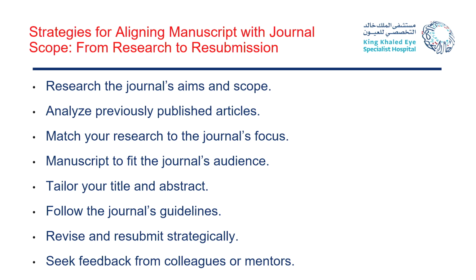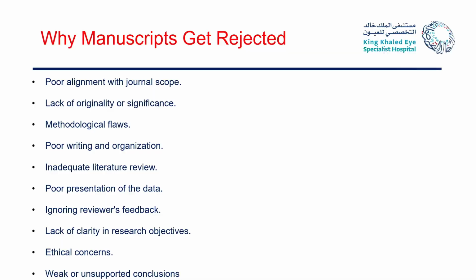Match your research to the journal focus, which we mentioned initially when picking the journal. Tailor your title and abstract to the journal scope, and of course, follow the journal guidelines.